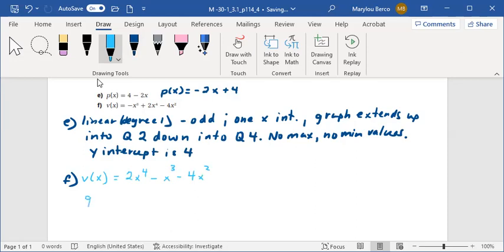And this is a quartic function of degree 4. It's an even degree polynomial function. There are a max of 4 x-intercepts.